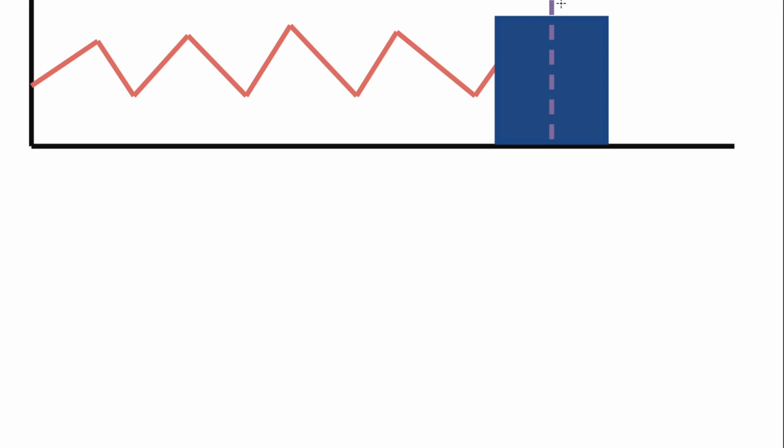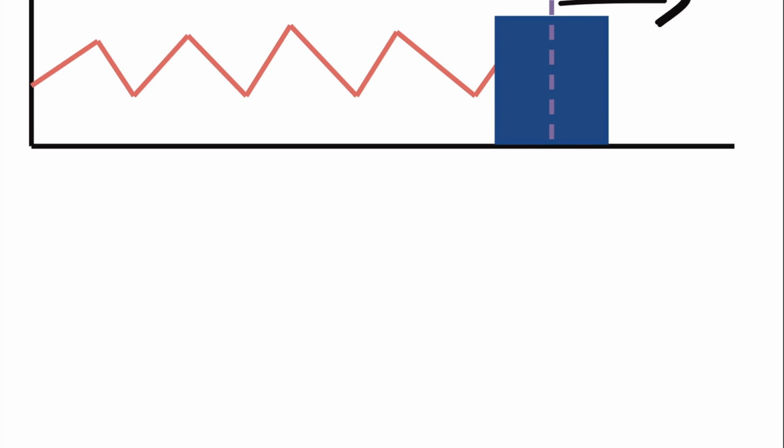Some of you might be thinking that if you pull it back farther, it's going to oscillate slower because it's stretched farther, so it's going to slow down and move slower, right?